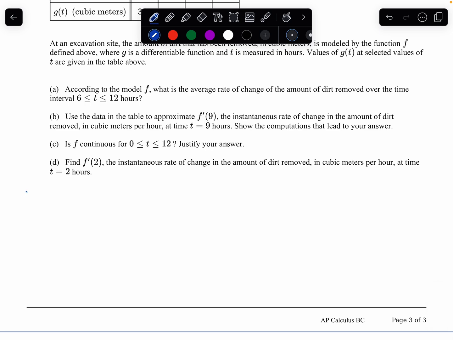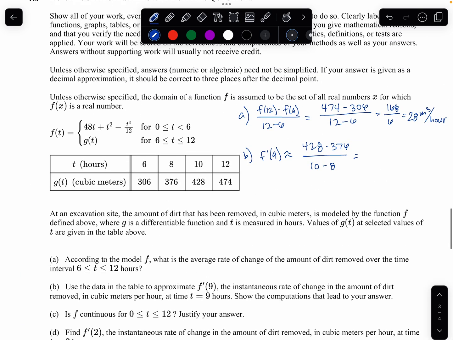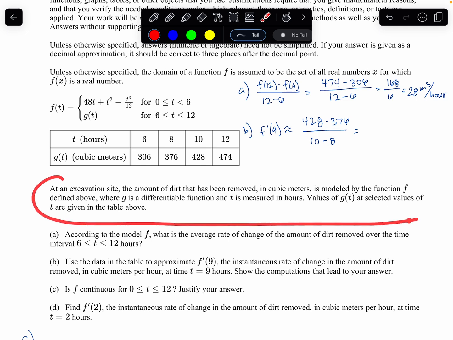For C, is f continuous from 0 to 12? So is this function continuous from 0 to 12? Well, let's look at these instructions right here. At an excavation site, the amount of dirt that has been removed in cubic meters is modeled by the function f defined above, where g is a differentiable function.